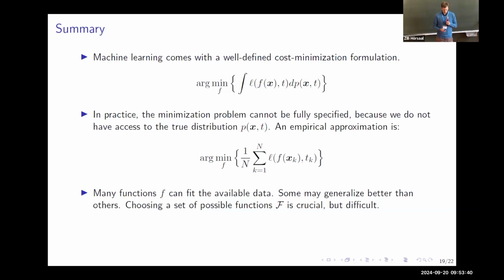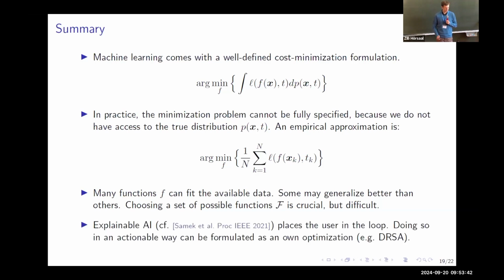So what we can do is use explainable AI to basically place the user in the loop, trying to say, okay, we have used this set of possible functions f, like all the possible neural networks in the world. We've been optimizing through them, and as a result, produced or trained a neural network.